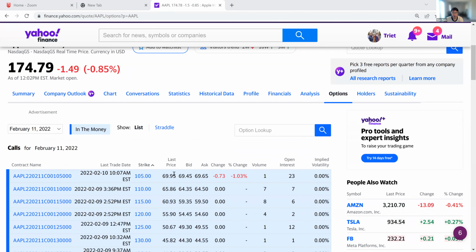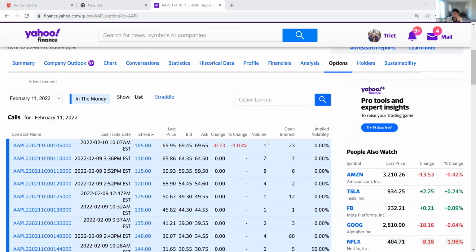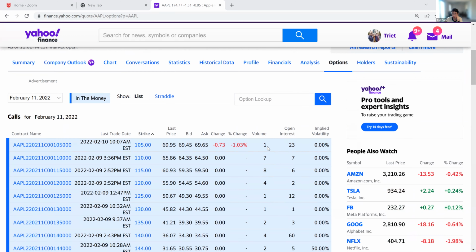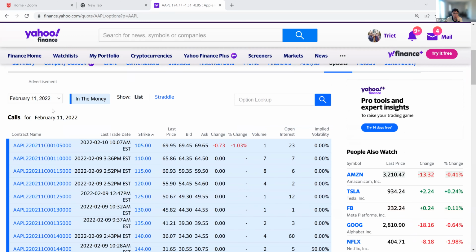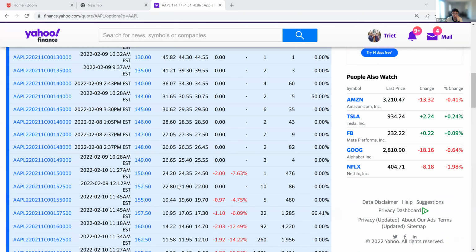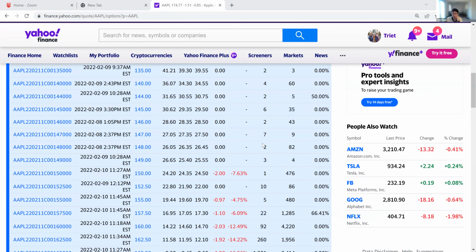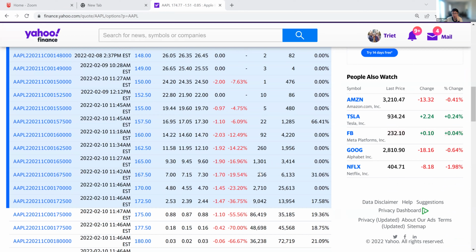If you have a strike of 105, which is very far from 174, you have very low volume. And look at the implied volatility. That's absolutely nonsense, because this is not liquid, so they're not using any active price. When you go close to 174, right down here, see the open interest and volume.